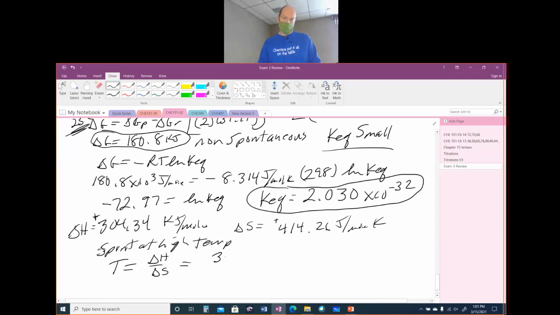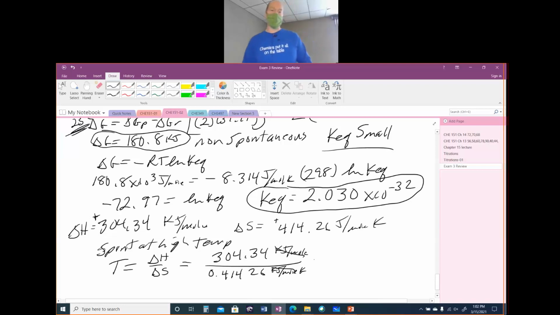I'll work in kilojoules. So 304.34 kilojoules per mole. And then I have my delta S, which is 0.41426 kilojoules per mole Kelvin, because the kilojoules have to cancel the kilojoules. 1 over Kelvin gives you Kelvin.